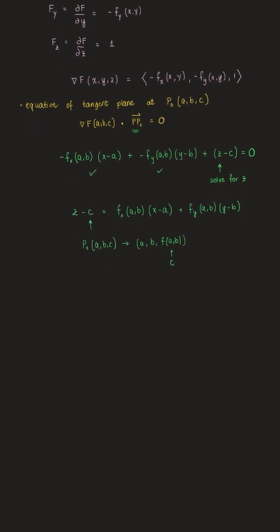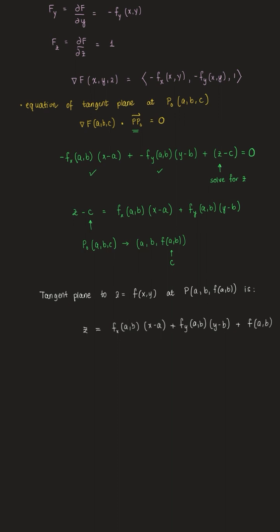The tangent plane to the surface z equals f of xy at the point P, whose coordinates are a, b, f of a, b, is the following: z equals partial with respect to x evaluated at a, b times x minus a, plus partial with respect to y evaluated at a, b times y minus b, plus c, which is f of a, b.